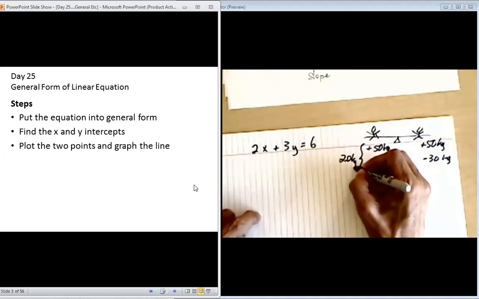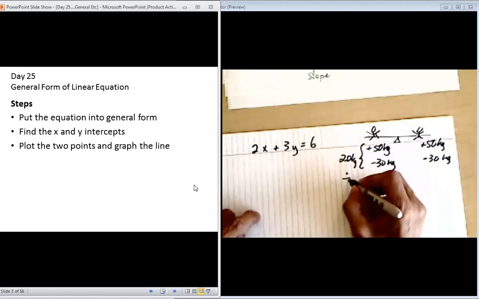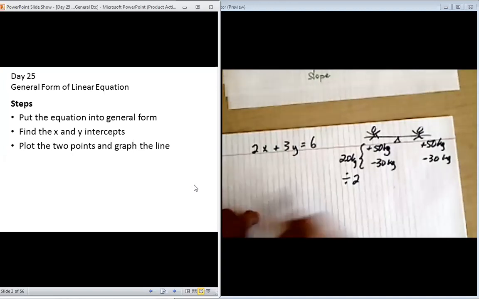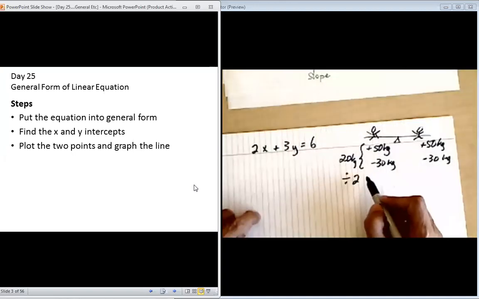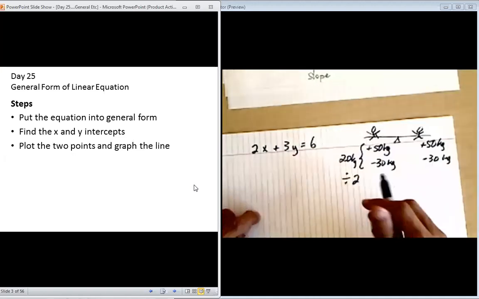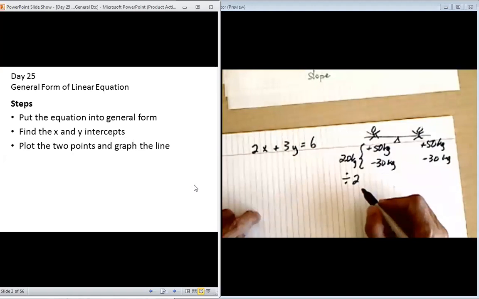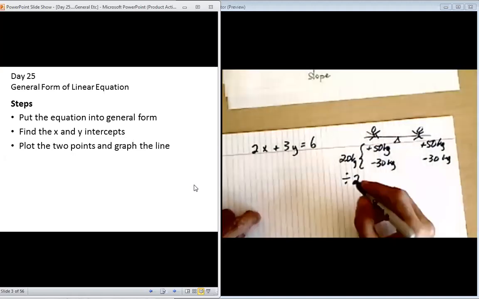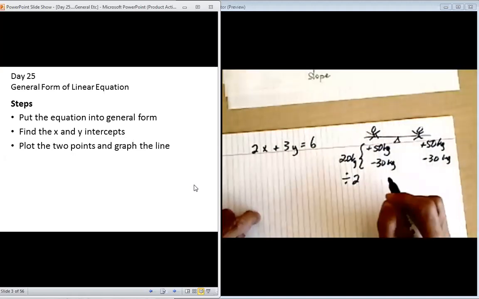So now let's say we divide this side by 2. What's going to happen? Is this side going to go up or down? We're dividing it by 2. We're getting rid of half. So instead of 20, how much do we have if we divide by 2?